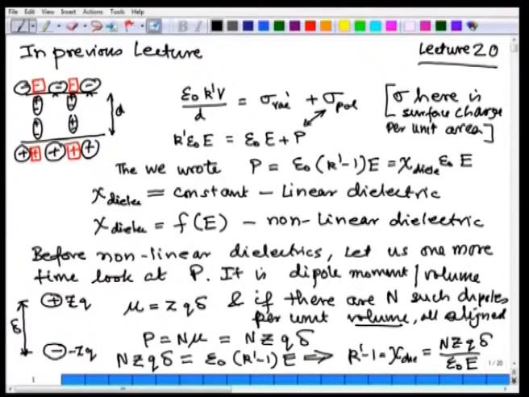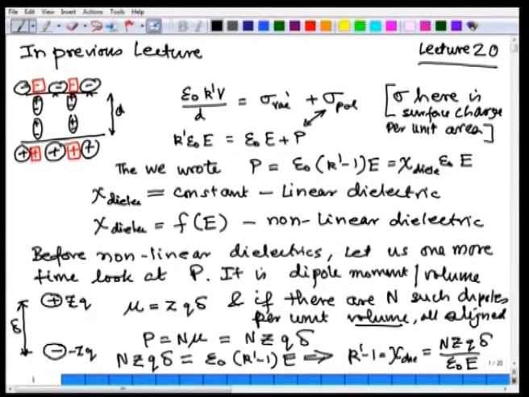So by this definition, that polarization is dipole moment per unit volume, polarization would be equal to n times mu. Of course, vector mu and vector P will be in the same direction. Given the value of mu, I can write this expression: n times ZQ delta, and that is the polarization.